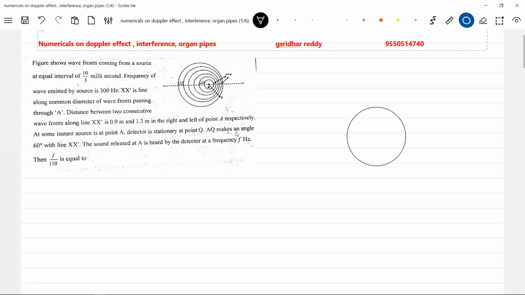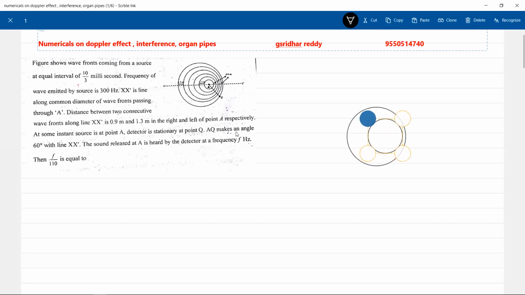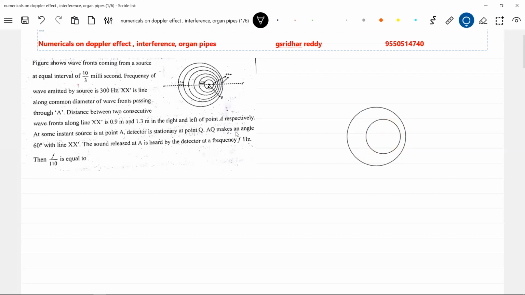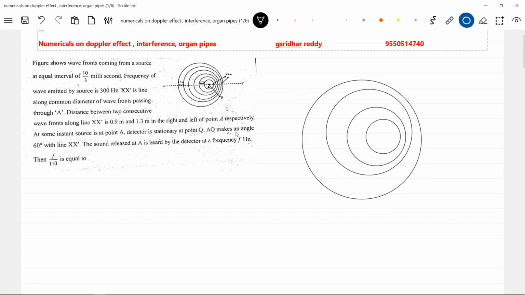Circles should be okay. Some rough diagram.